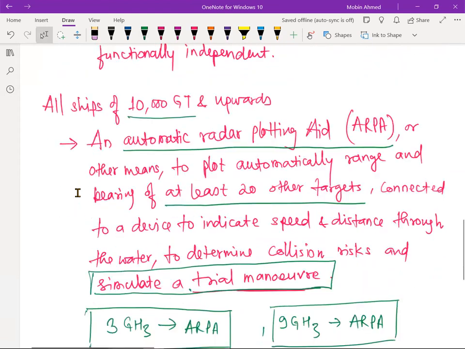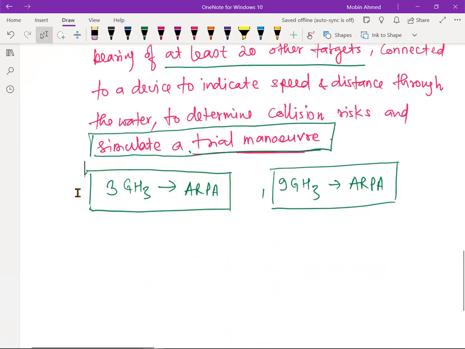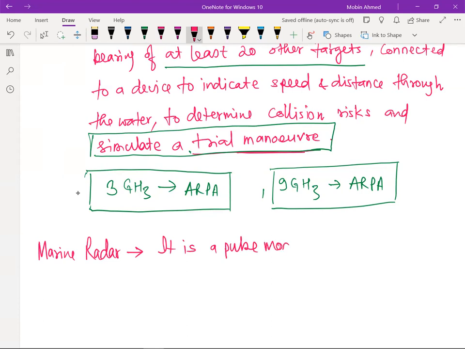Now let's talk about the marine radar. So marine radar is a pulse modulated radar.